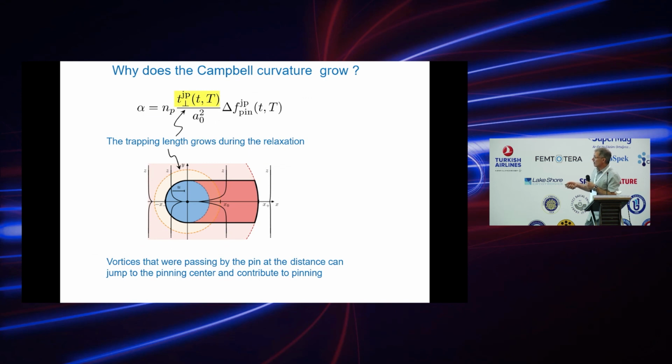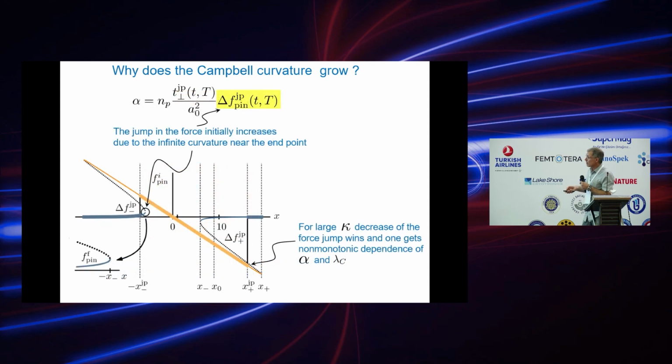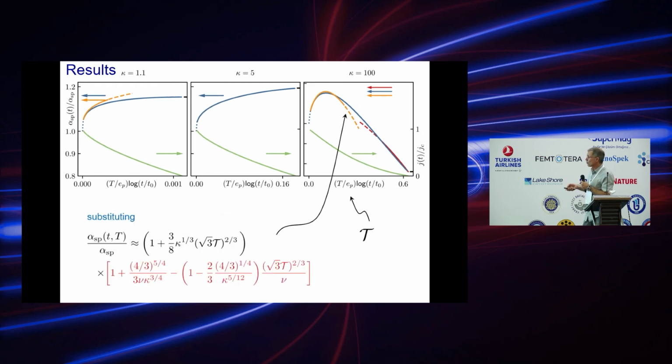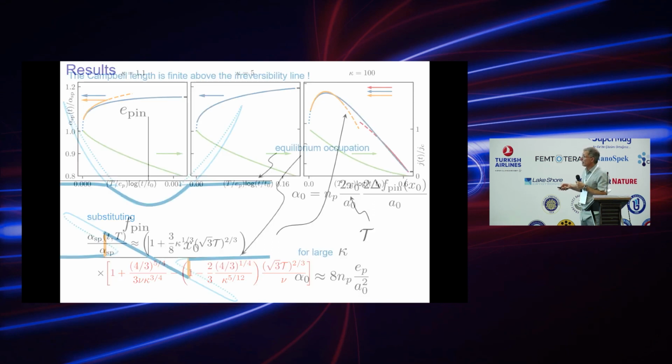So why does curvature go up? It's mostly because the trapping length goes up, because those vortices that come from a distance can jump here and get to creep. One can do some calculation, and if you write the formula, you can get even a reasonable analytic fit here.